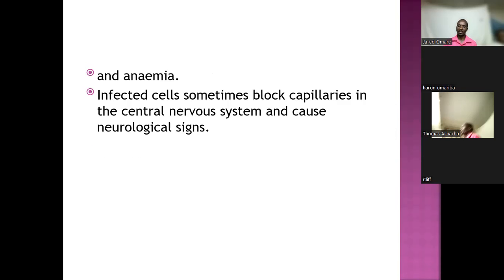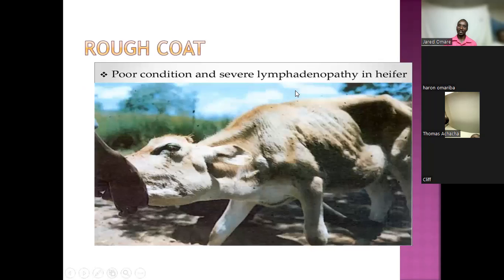Those are the signs that are symptomatic to ECF. Now, how can you identify those symptoms? If you get a cattle, how can you differentiate? How can you know that it is being affected by ECF?